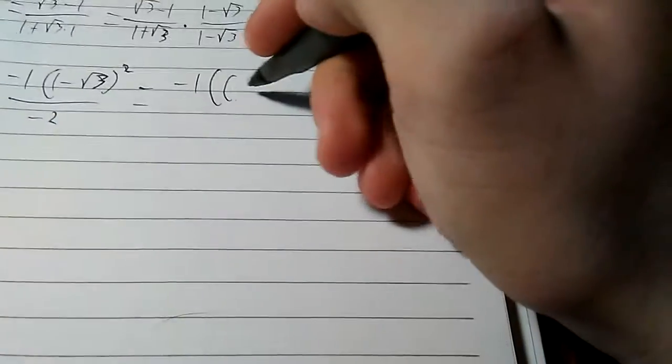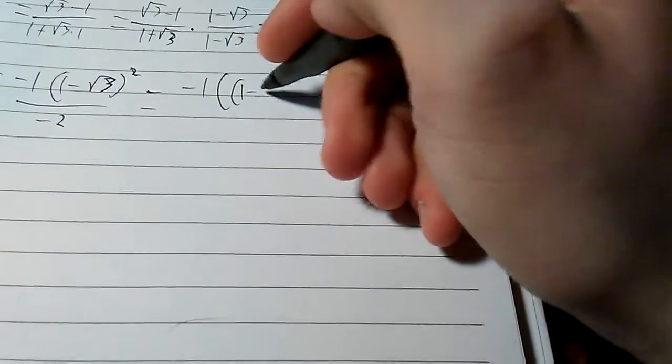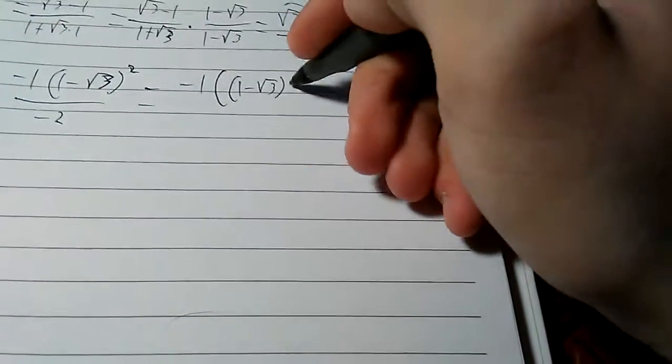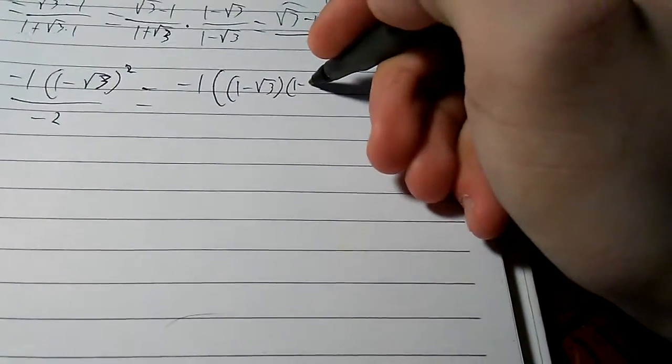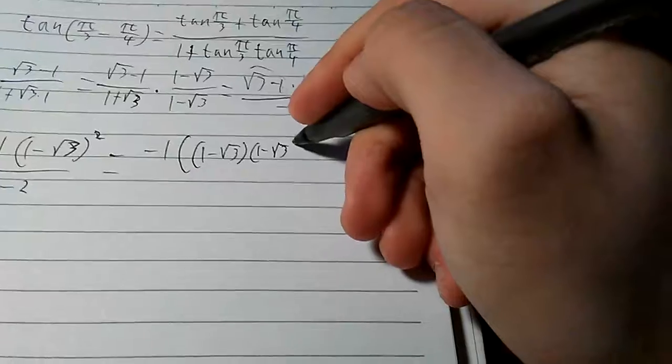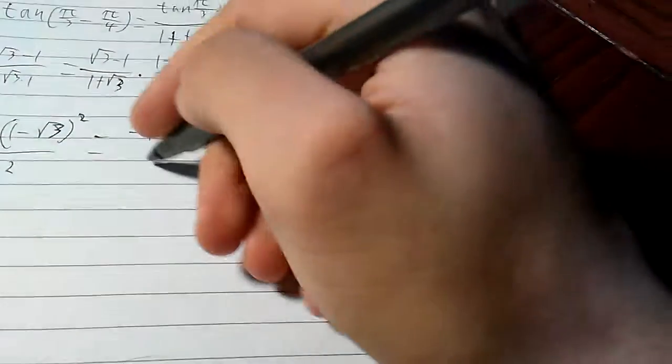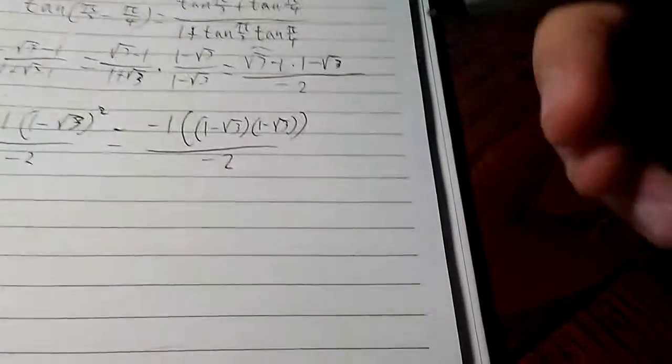And then we're going to expand this square, so it's going to be negative 1, I use double parentheses here, times 1 minus the square root of 3, 1 minus the square root of 3, like that. Looks confusing, but it's just a lot of parentheses, that's all.